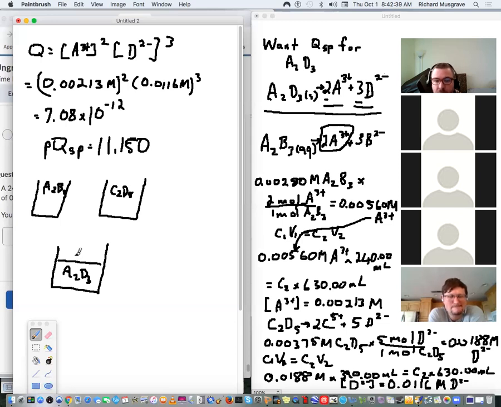A very common error that I see is that because this was 5D down here, people will put this to the 5th up here as well. That's the mistake I'll see. But we know not to make that mistake because of what we want. We want A2D3, not A2D5.